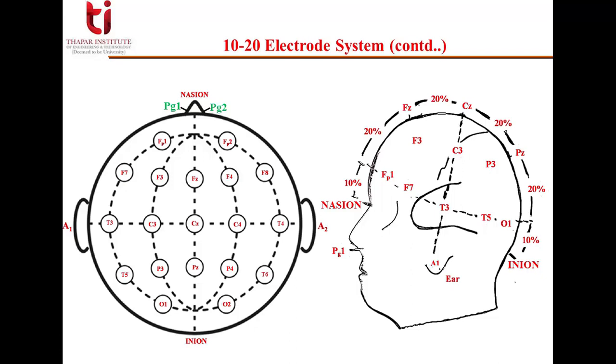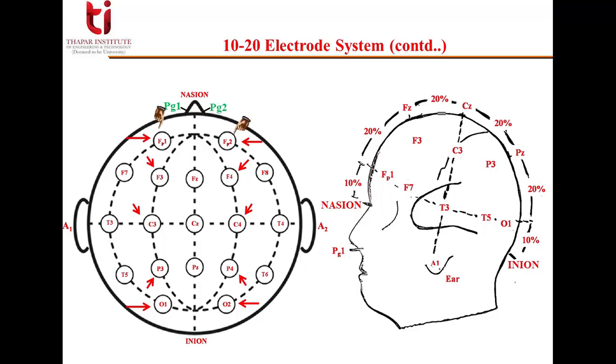Now, the measurement methods for placement of F3, F4, P3, P4 can be done depending on whether measured front to back or side to side. Front to back, it can be FP1, F3, C3, P3, O1 or FP2, F4, C4, P4, O2. They can be 25% up from the front and back points.